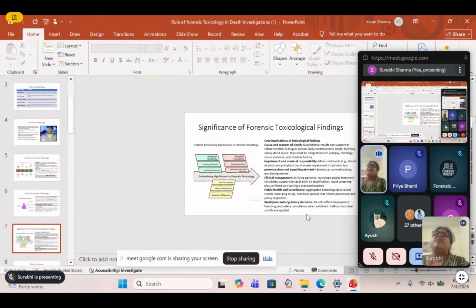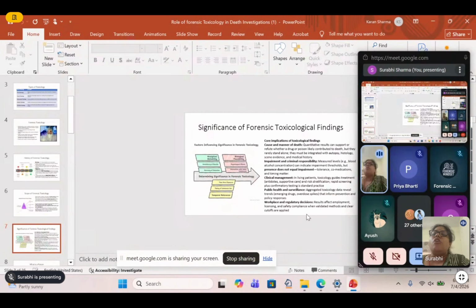So there are many cases in which death seems to be natural, but then we have to find out, considering all the possible parameters, how the death was caused and what was the reason. Sometimes a person is brought dead to hospitals, and the doctors send us the visceral samples to identify the cause of death.